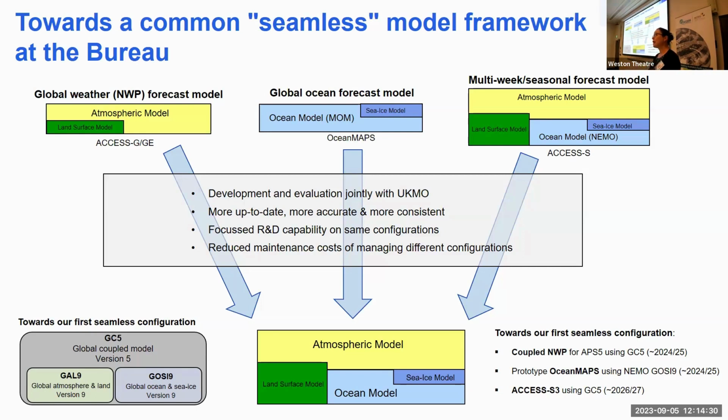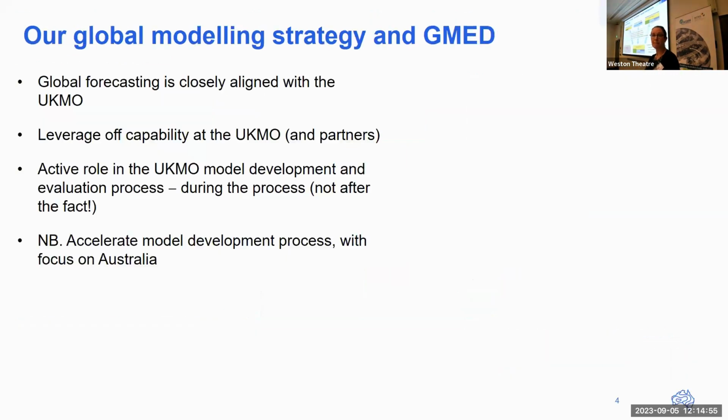And so our weather forecast upgrade in around 24-25 is going to be based on that coupled model. And we will use that same scientific configuration for our seasonal forecasts. And at the same time, we're looking to build a prototype ocean forecast that will use the ocean version of that. So that's where we're heading in terms of that sort of consistency.